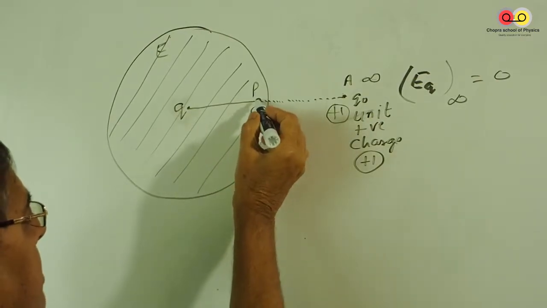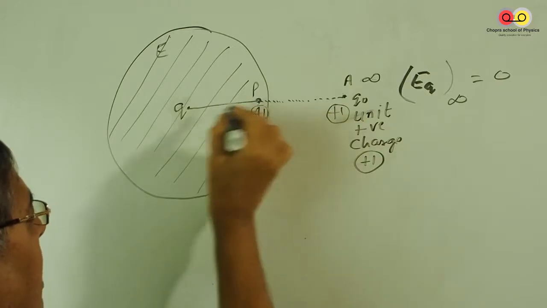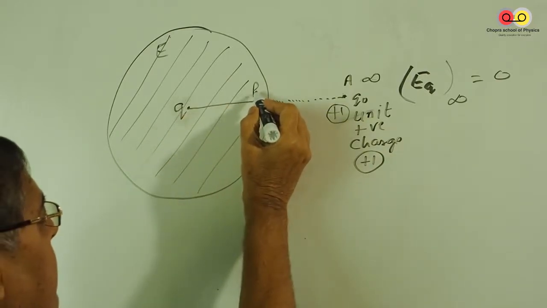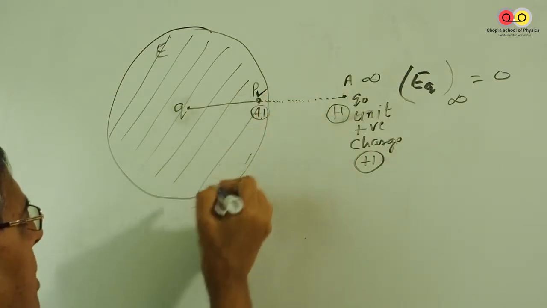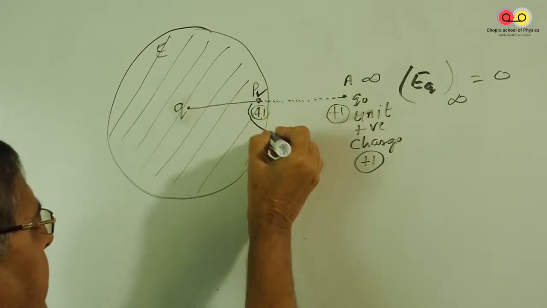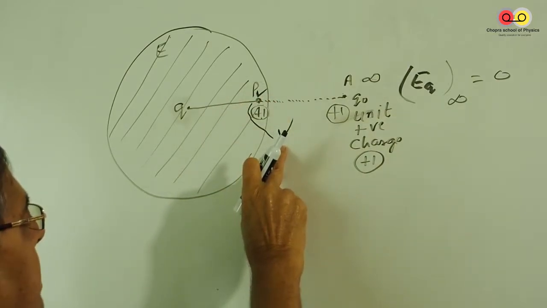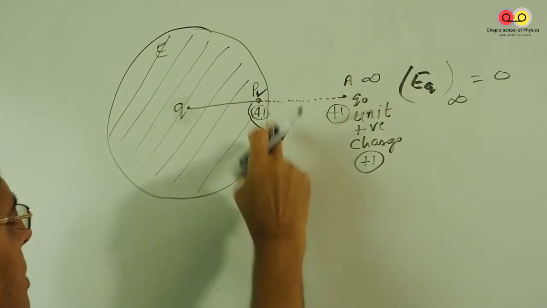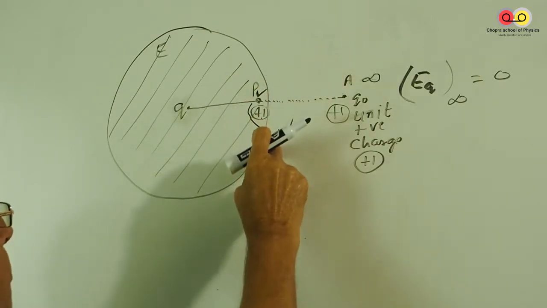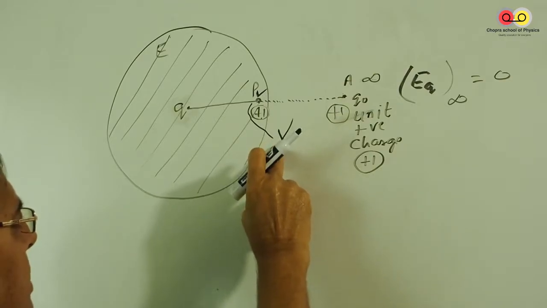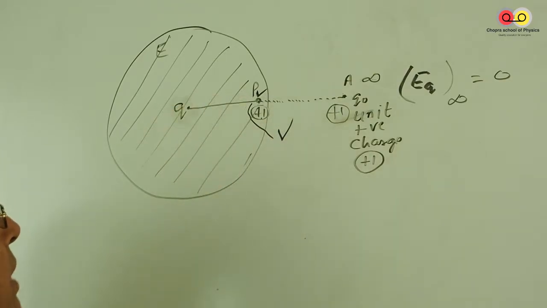Therefore, the work done by that electrical potential energy against the repulsion is called potential. So V is the potential. I'll just mark it separately, V, potential. What is V representing? V is the potential at a point P, that is, the work done against the repulsion of source charge Q.